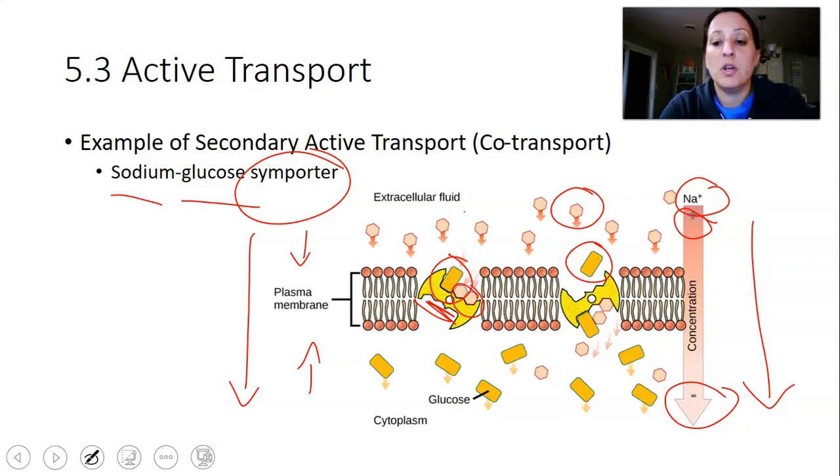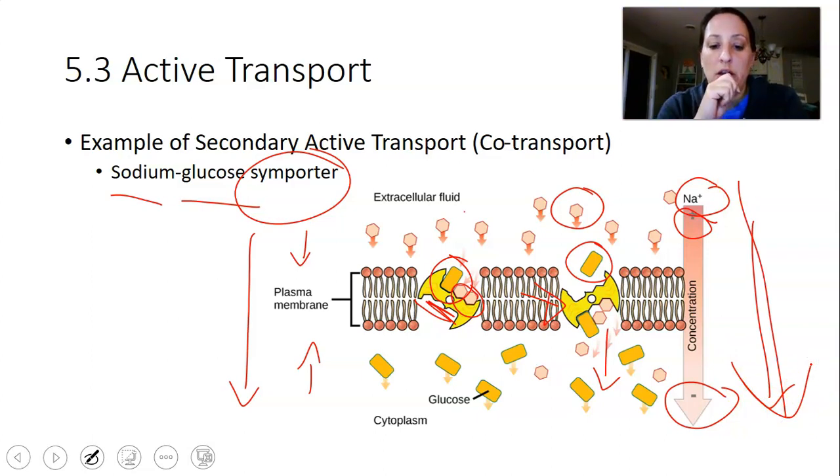And the movement of sodium down its concentration gradient is going to provide the energy for this protein to change shape. And so just by sodium and glucose binding, that's going to cause a change in shape of that protein, and the cargo will get dumped off on this side of the membrane. So the sodium moved down its concentration gradient, but the glucose moved up its concentration gradient.